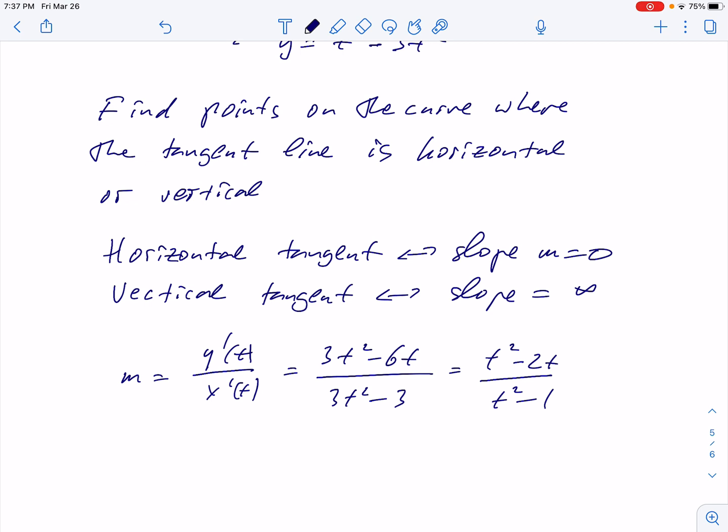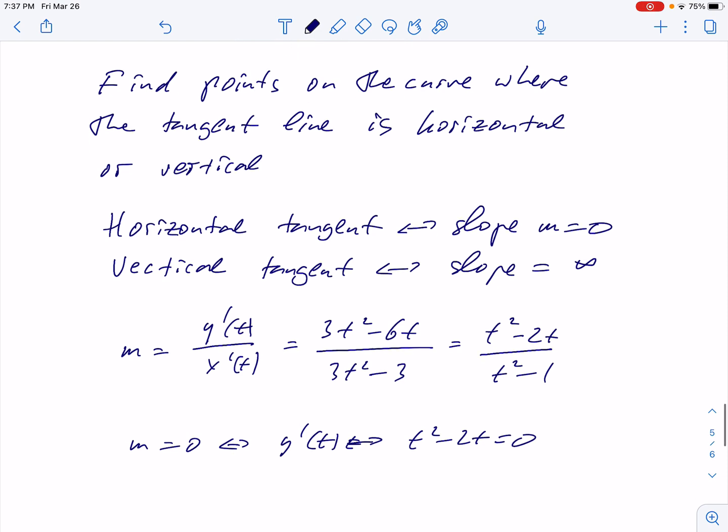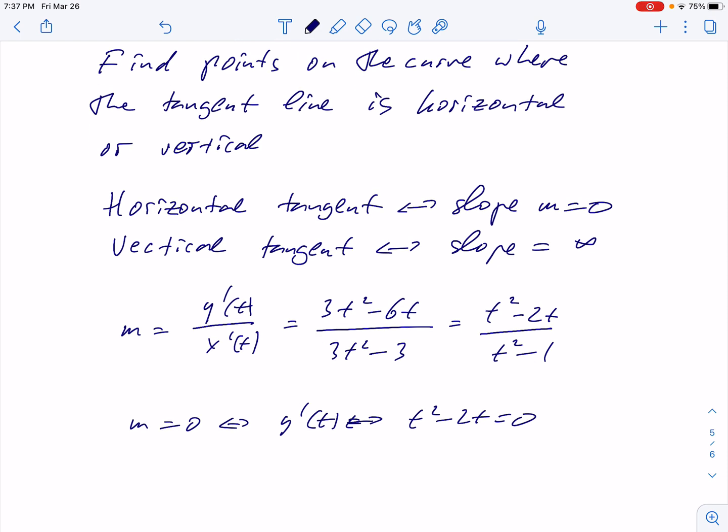Now this will be 0 when y prime is 0. The slope is 0 when y prime t is 0, which is t squared minus 2t equals 0. And we can solve this for t.